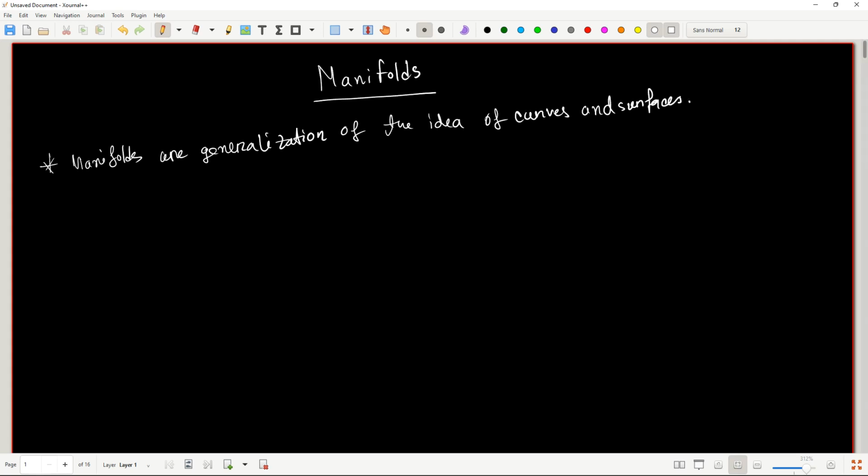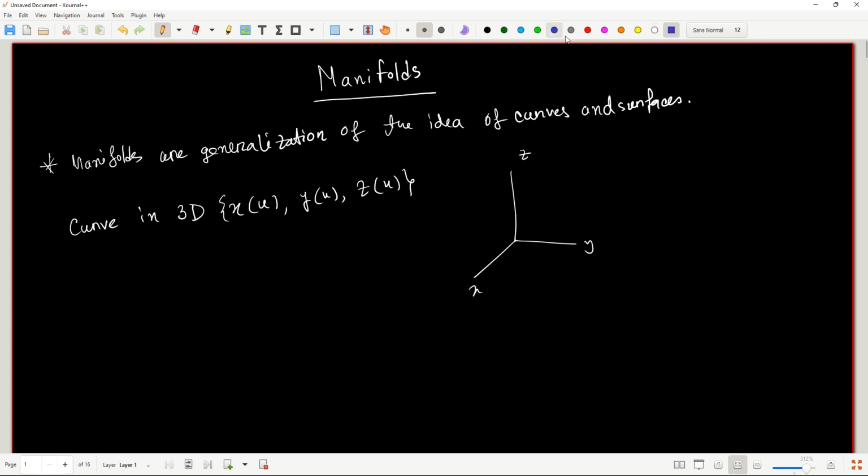For example, let's say you have a curve in a 3D space, and let's say you parameterize that curve by a parameter u, where any point on that curve can be written as x of u, y of u, and z of u. And if you want to draw it, it looks something like this.